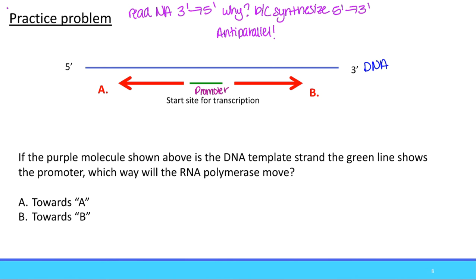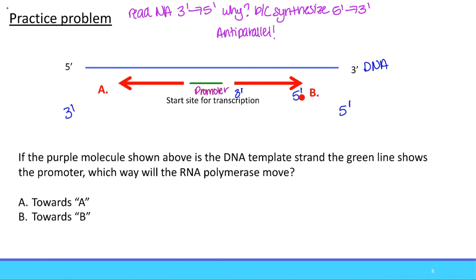So that means that whatever molecule is made has to be made 5' to 3' and must be anti-parallel, which means that this is our 3' end and this is our 5' end, because everything is anti-parallel and everything is based on hydrogen bonding. So if we take a look at B, this means that this would be the 5' end and this would be the 3' end. Again, all based on this idea of anti-parallelism.